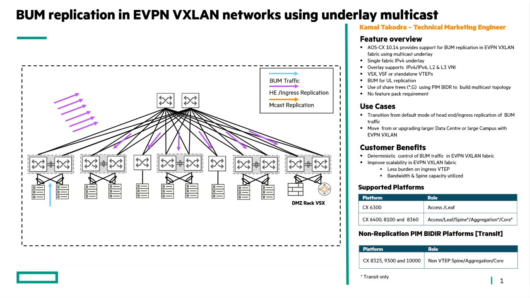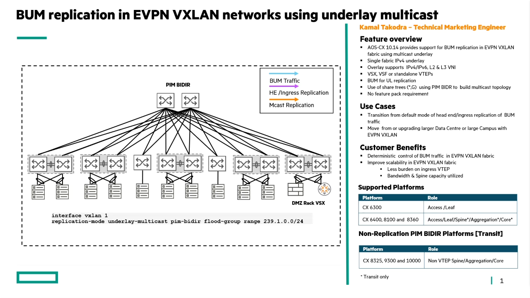Now let's look at underlay replication. We turn on underlay replication with PIM bidirectional in the underlay. The same source VTEP now receives a BUM packet as shown. Again, the source IP, which equates to the source VTEP, needs to resolve the destination IP.